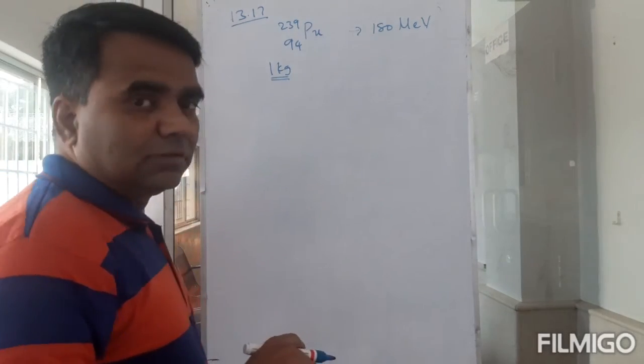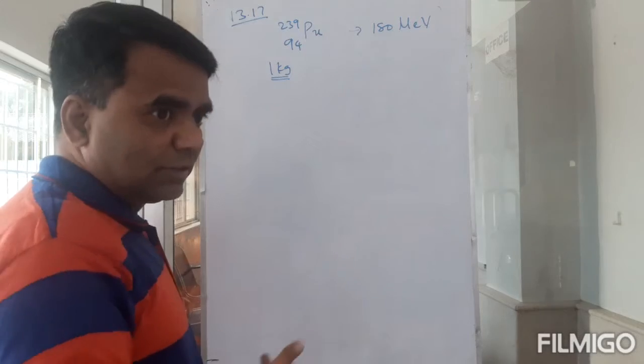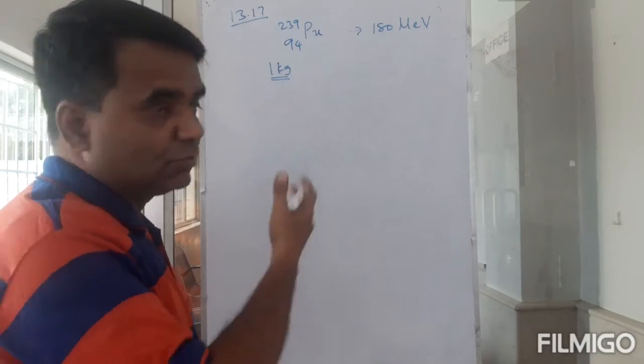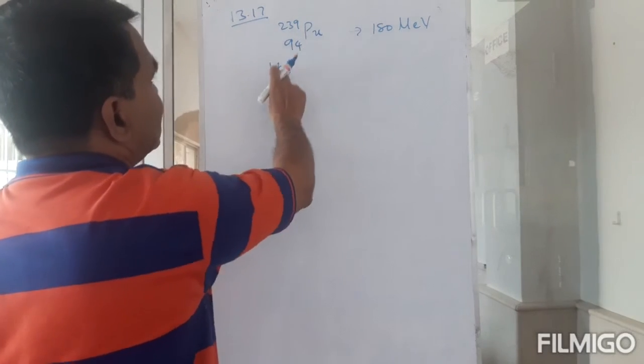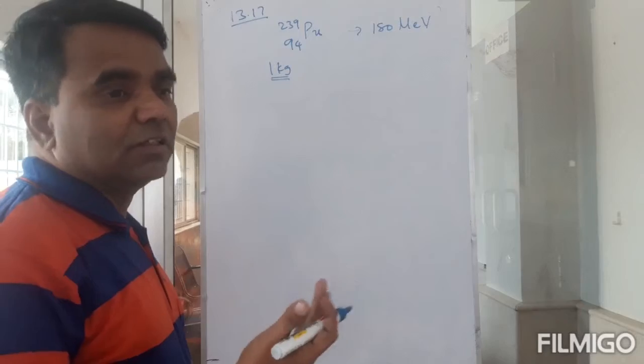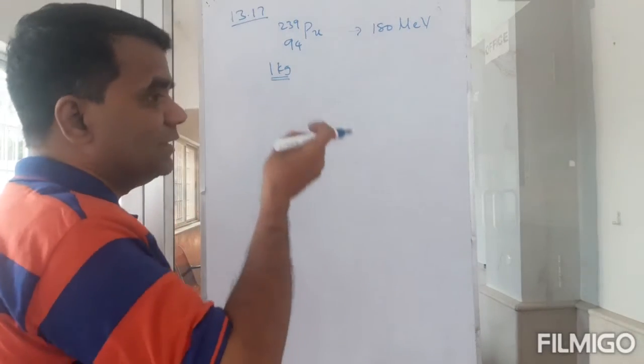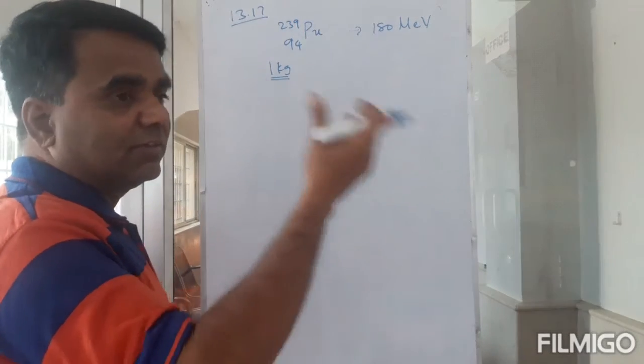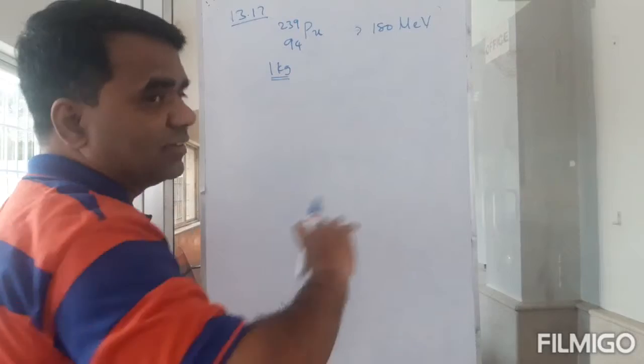There will be one nucleus per atom. So if I figure out how many atoms are there in 1 kg of plutonium, then you will be able to figure out how many nuclei are there. Then multiply that with 180, and you will get it.